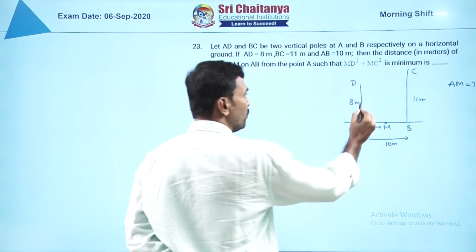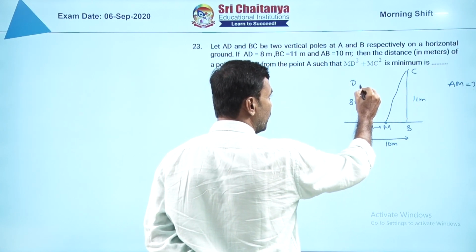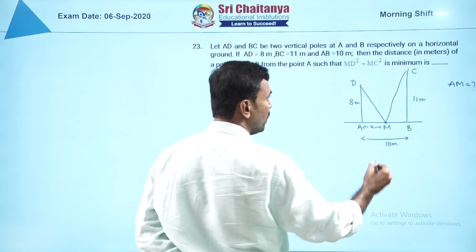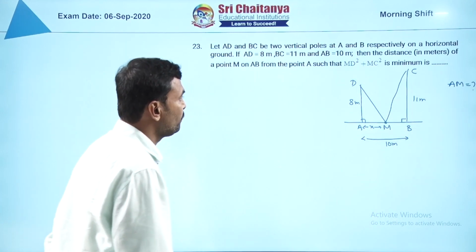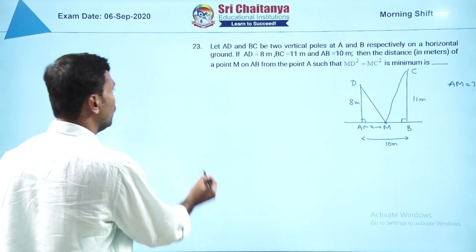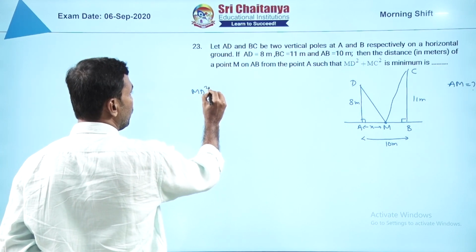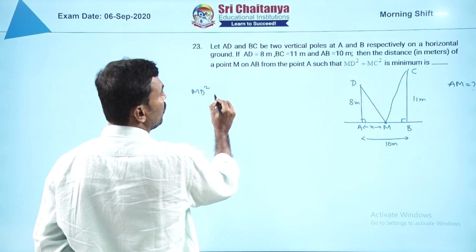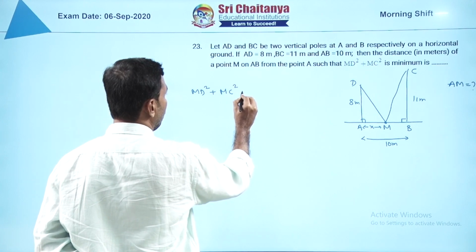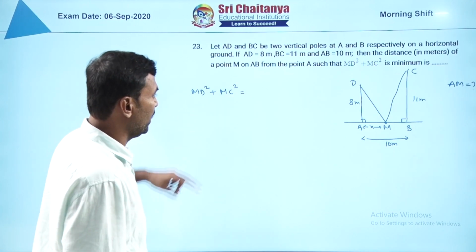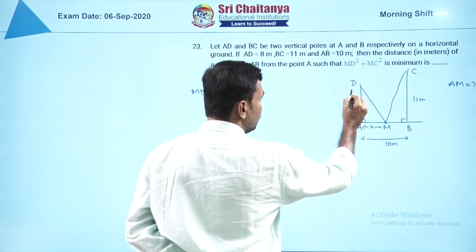You have to find out AM so that MD square plus MC square is minimum, that is what he is asking. So, I am joining CM and DM. I am getting two right angle triangles here. Okay. Now, I am calculating MD square plus MC square. What is its value? What is MD? In this right angle triangle, this is x, this is 8 meters.